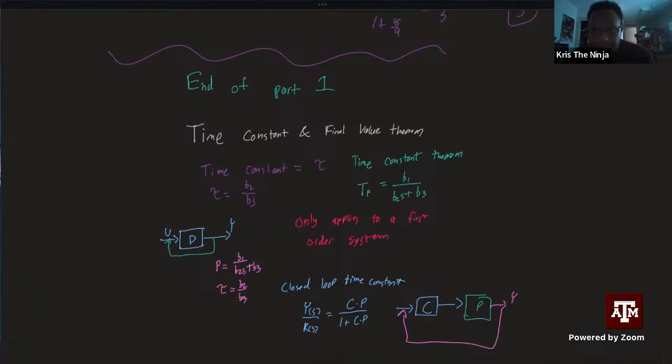The final value theorem, however, let's pick a fun color, like a nice bright orange. Yeah, yeah, y'all. I'm about to get disowned by the Texas A&M family.